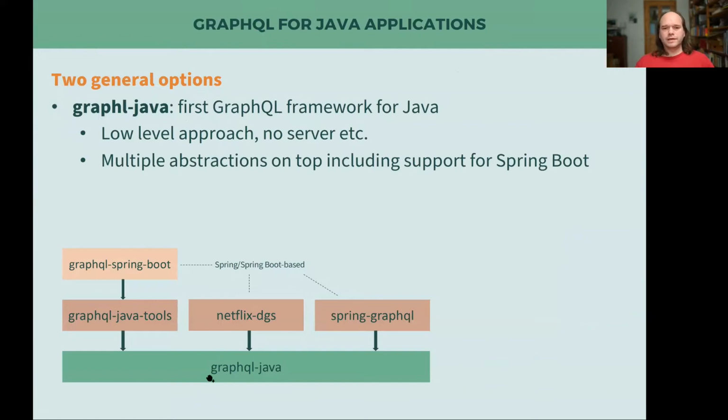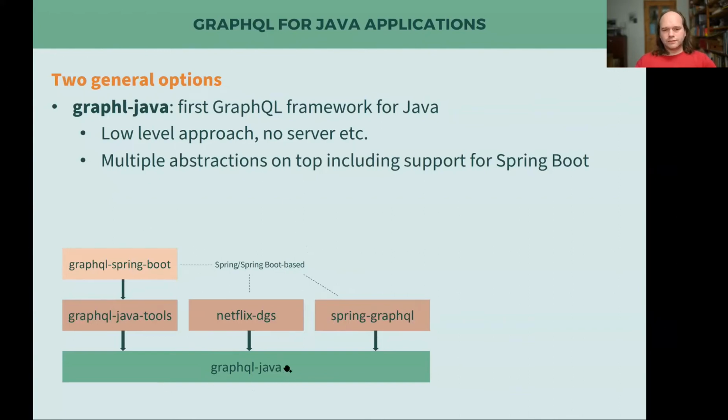GraphQL Java is the base framework for a lot of other frameworks. This is by far the oldest one in the Java world. I think this was released back in 2015 or 16, very shortly after the first GraphQL release. And since then, several other projects have built on top of it, and we will come back to that later.